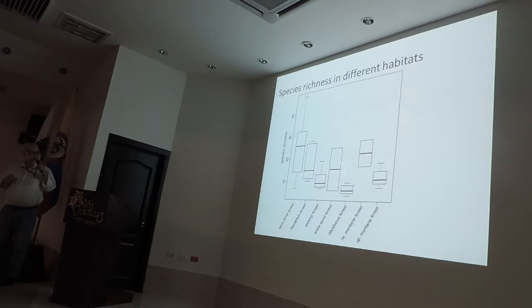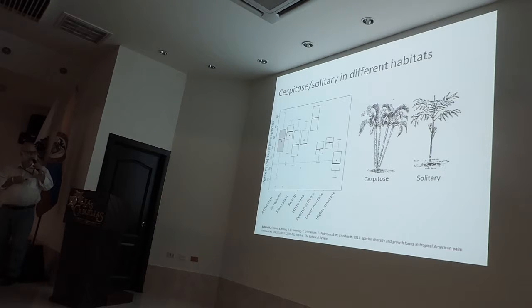White sand is also poor, but a little bit richer than the swamp forest. Deciduous forest is low. The lower mountain forest is relatively high, maybe 20 species, and the upper mountain forest drops again to an average of 10 species. So these habitats are quite different in terms of diversity.